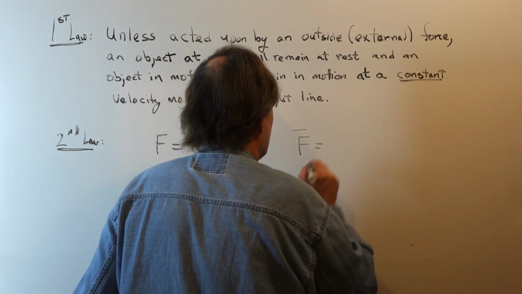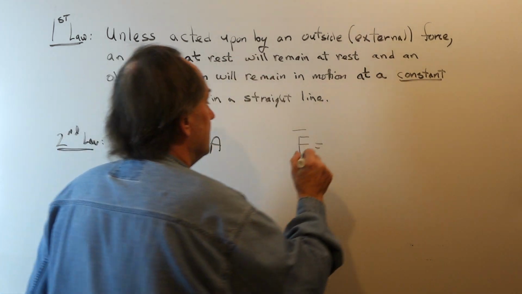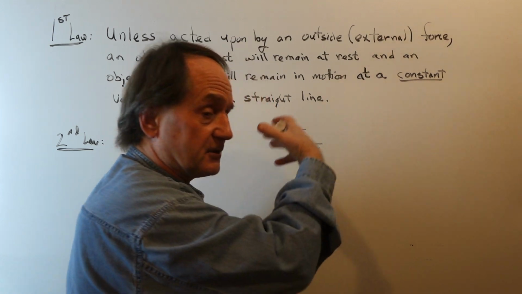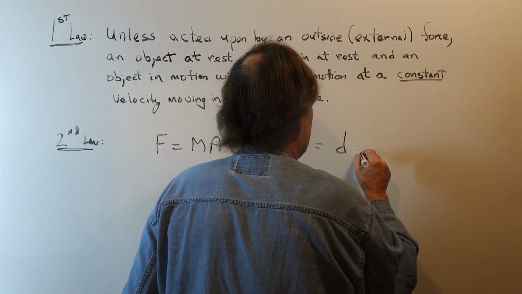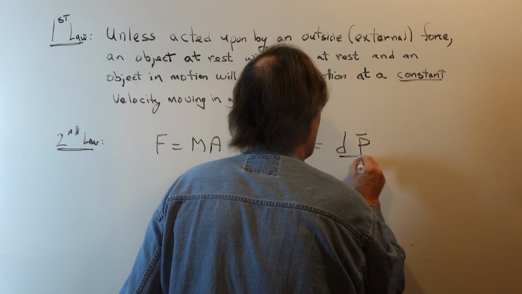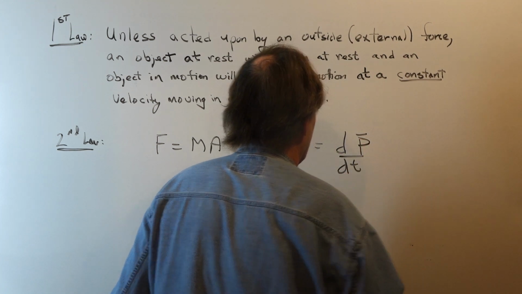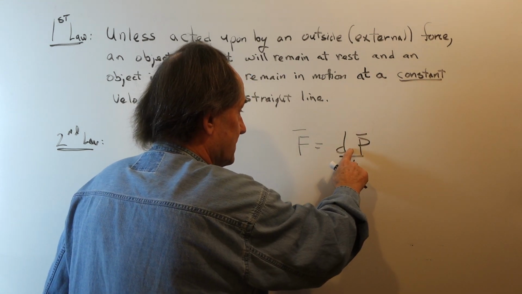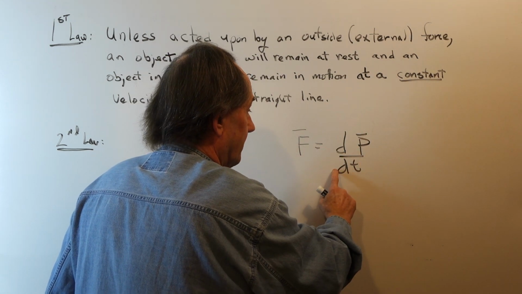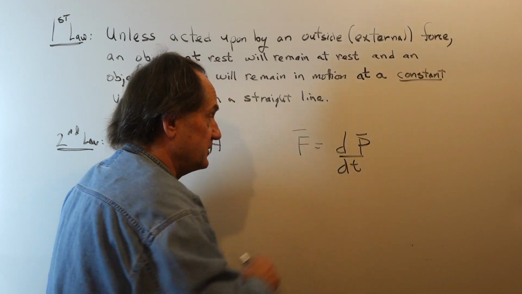the accurate description of the second law is force, which is a vector, it has a direction and a magnitude, is equal to the time rate of change of momentum with respect to time. That's what this symbology means, is this is a change in momentum over a change of time.